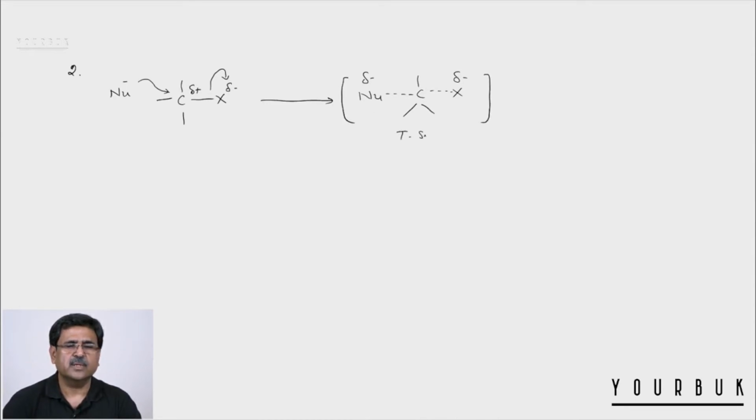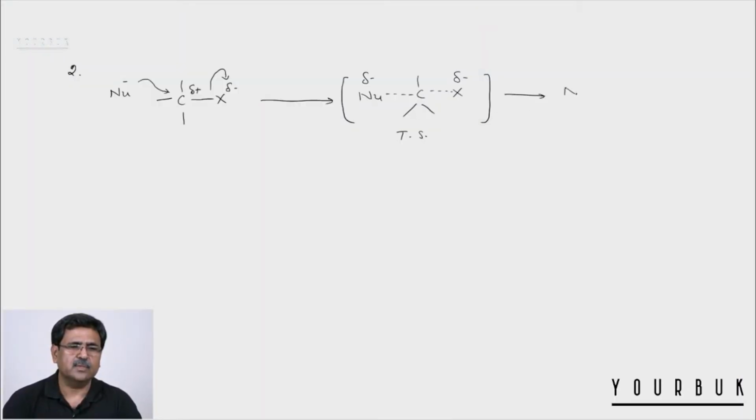This transition state cannot be isolated. The transition state exists momentarily, only for a fraction of a second, while the carbocation in the first mechanism is an intermediate and can be isolated. That is the difference between the intermediate and the transition state.